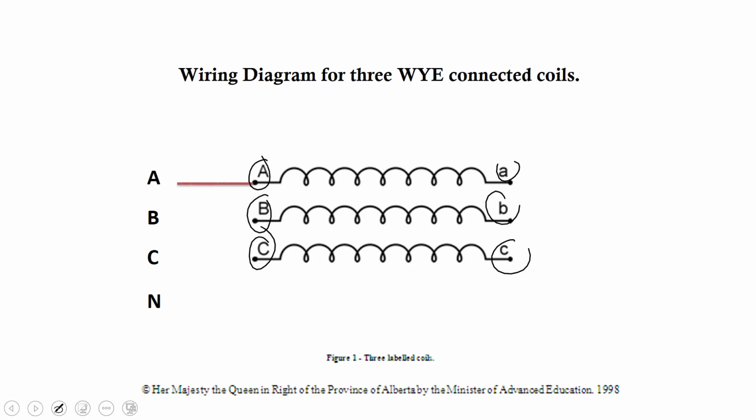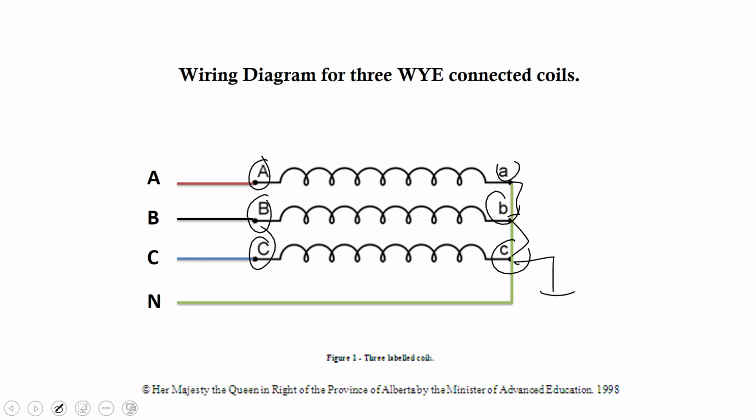So we would connect our three lines up to go to our load, A, B, and C, to big A, big B, big C. And the other end of it, we'd make sure that the three generator coils were connected up in Y. So we would put little a, little b, and little c all together. And then that would also be the point that we would ground. And that would be our neutral. And once again, neutral, responsible for carrying the unbalanced current and keeping our load voltages, our phase voltage, across each load at its required voltage.